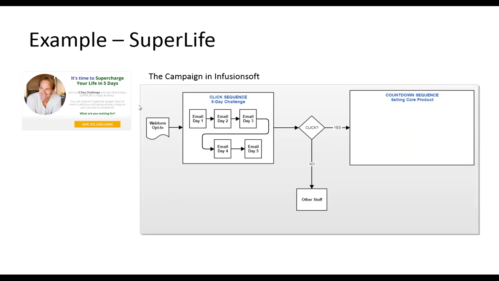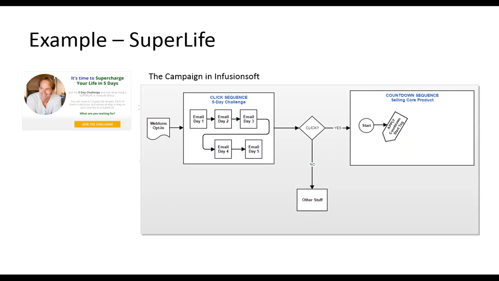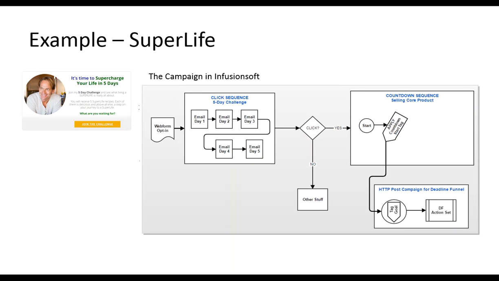And that starts the countdown sequence, right? And when the countdown sequence starts, it starts with a tag. This tag triggers the creation of the countdown, right? So then, of course, how it does that is it fires an HTTP post campaign off to DeadlineFunnel, and that's all set up with DeadlineFunnel. And then from there on, you'll have some information that you can use to populate your emails and write copy.